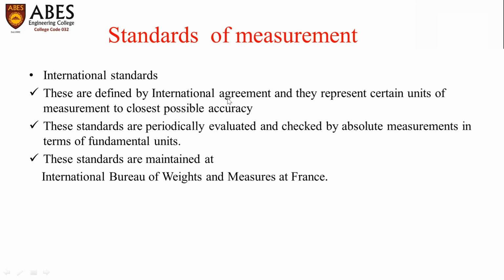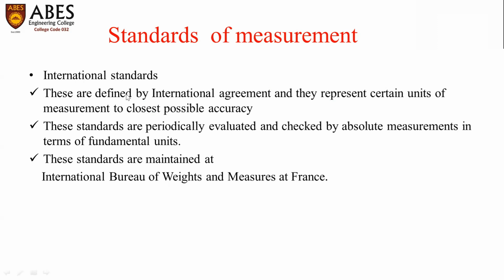These are defined by international agreement and they represent certain units of measurement to the closest possible accuracy. These standards are periodically evaluated and checked by absolute measurements in terms of fundamental units. These standards are maintained at the International Bureau of Weights and Measures in France.